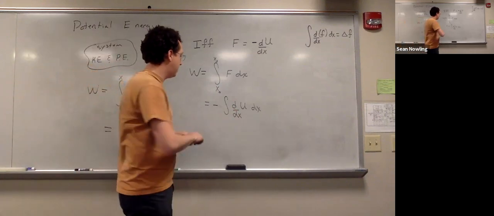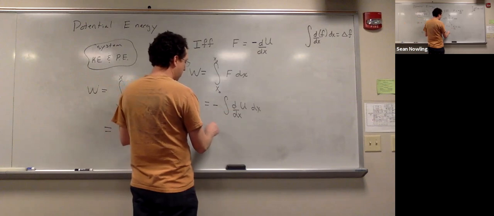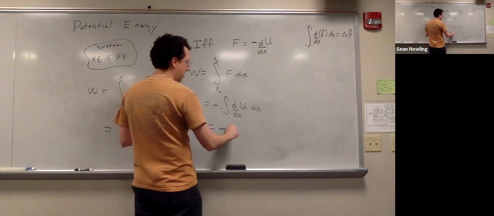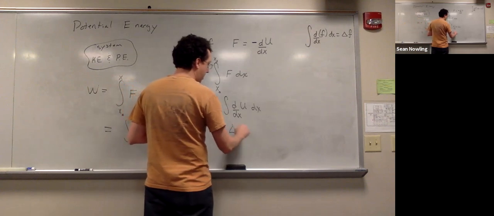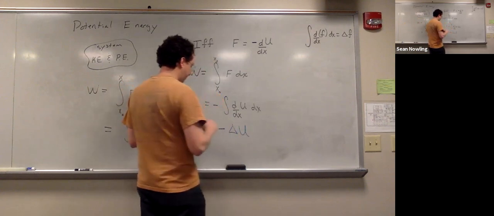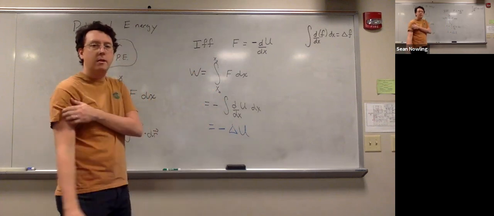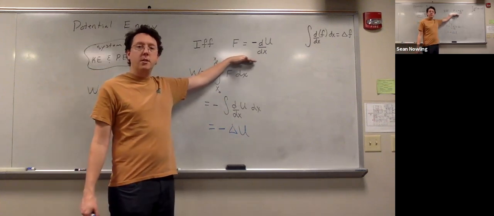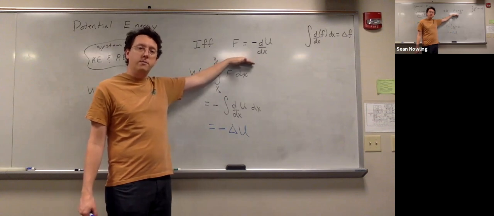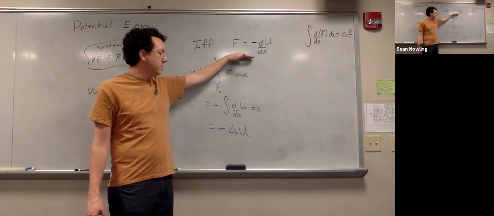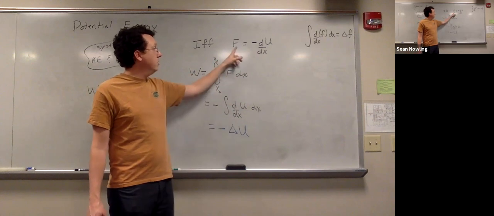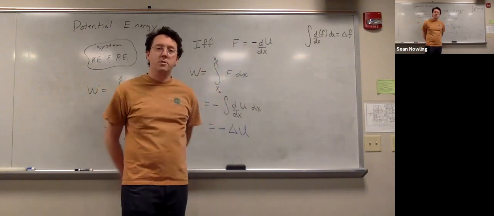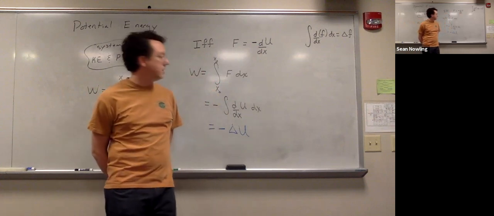That means I can associate the work with a minus sign times the change in U. All right. Forces that are like this are said to be conservative forces. Conservative forces are only related to total derivatives of a function, and it has to be a scalar function, actually.